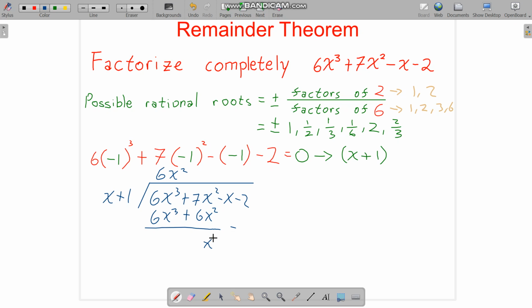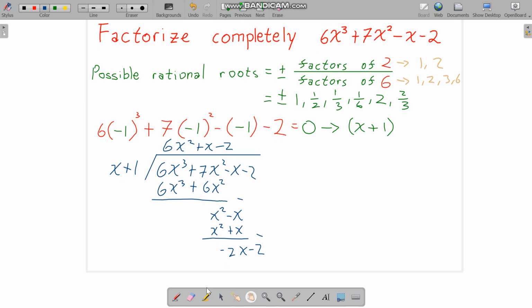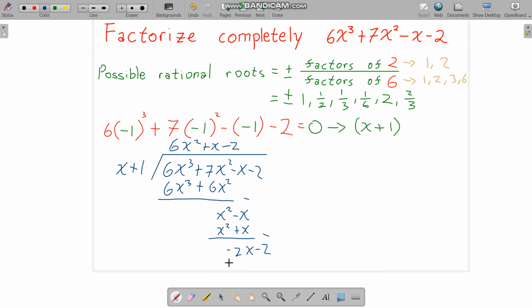Subtract, we get x squared minus x. So plus x squared plus x. Subtract, we get minus 2x minus 2, which means we have this quotient. Of course, the remainder is 0 here, no need to continue.